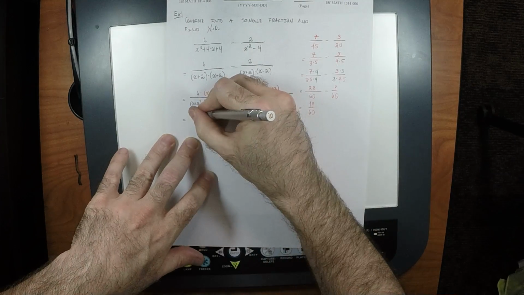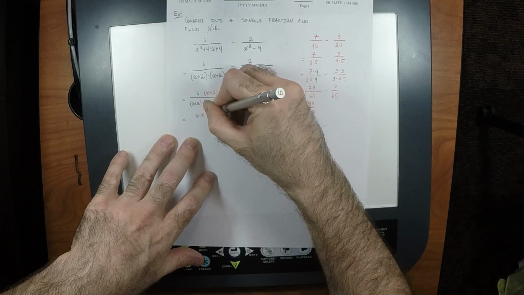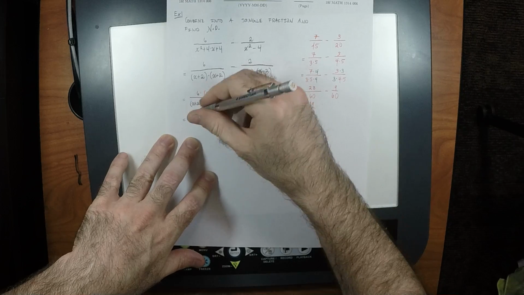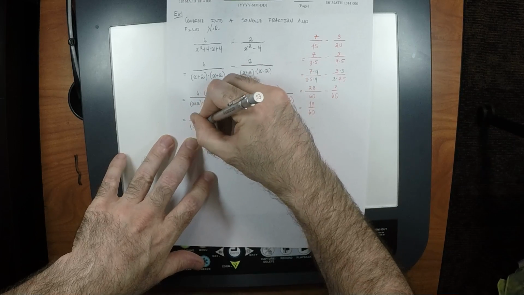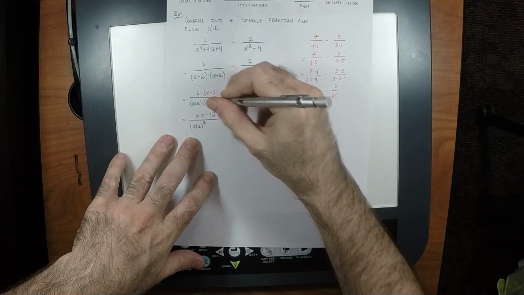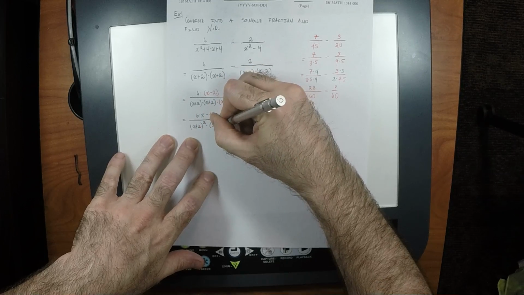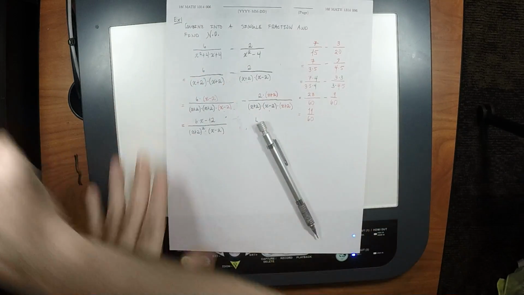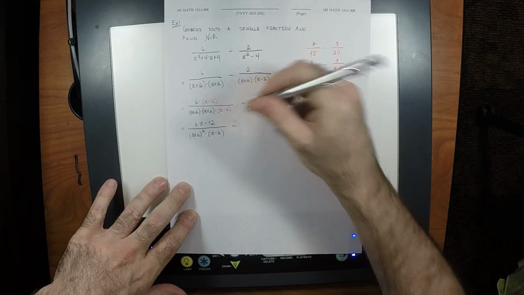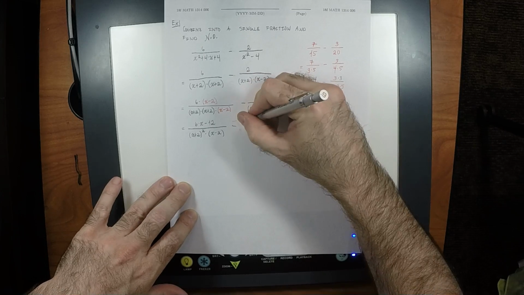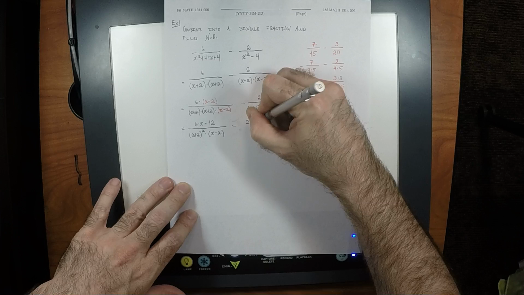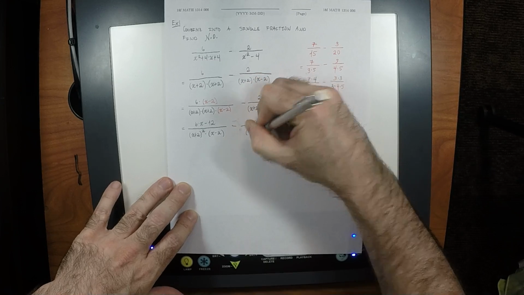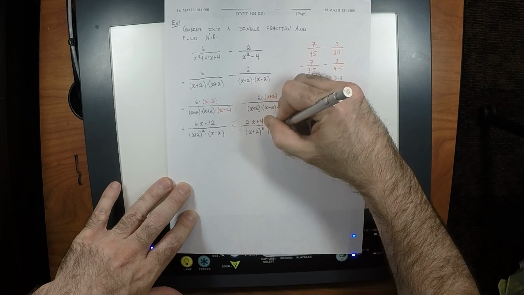So this one would be 6x minus 12, and then subtract, well, 6x minus 12 over x plus 2 squared, and then x minus 2, and then subtract 2x plus 4 over x plus 2 squared times x minus 2.